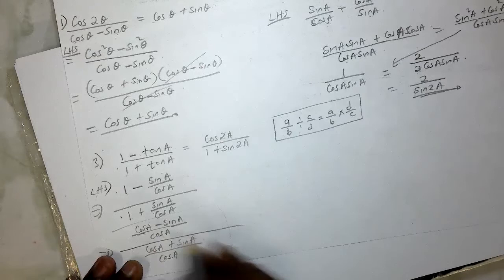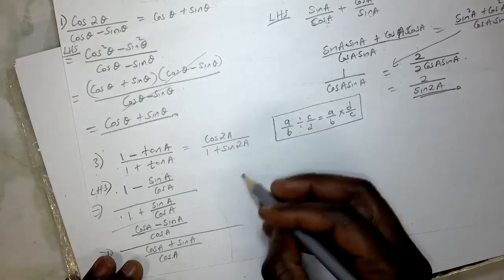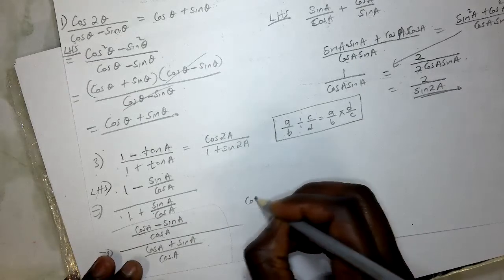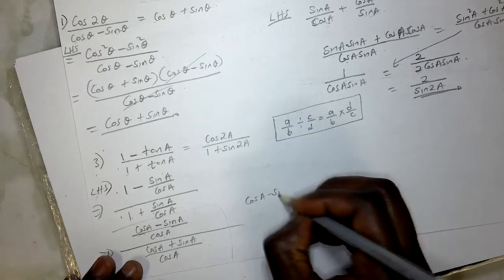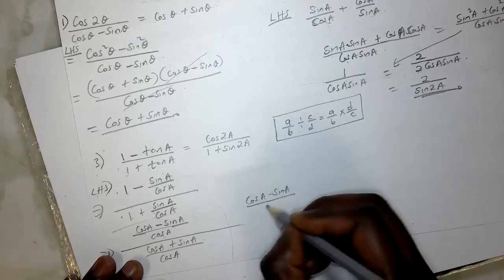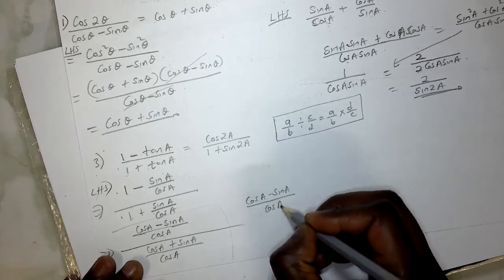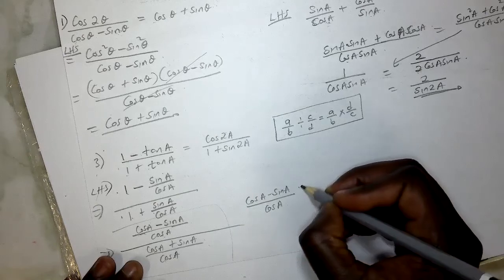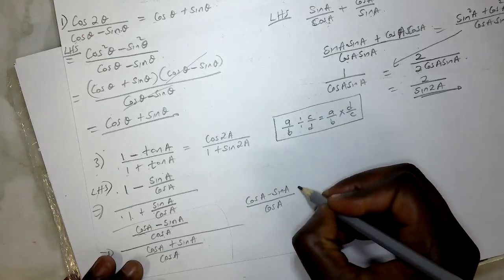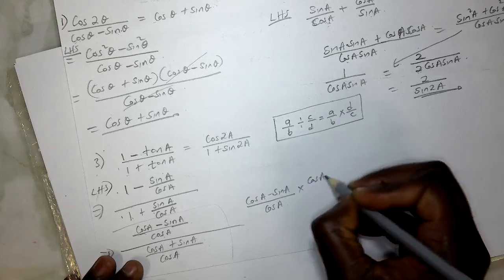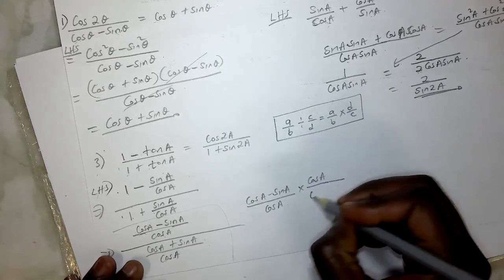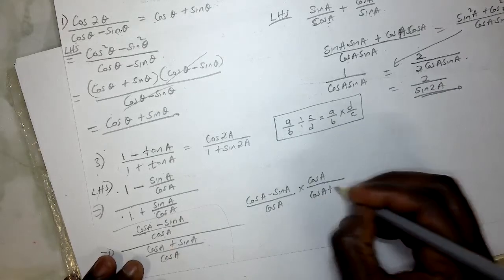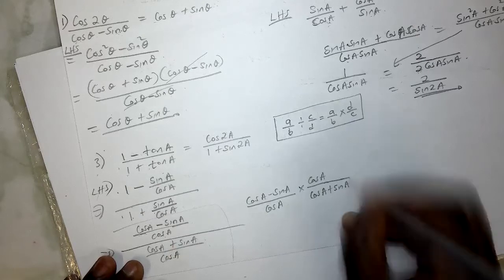So what we need to do now: this is dividing this. So it must be cos A minus sine A over cos A, and we must multiply it with cos A over cos A plus sine A. That's what we're going to have there.